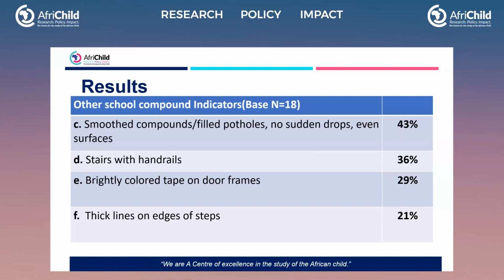For the brightly colored tape on door frames to enable children with visual impairment to access where they're going, it scored only 29%. For the thick lines on edges of steps, only 21%. So all these indicators are below 50%, and only 2 were above 50% average.